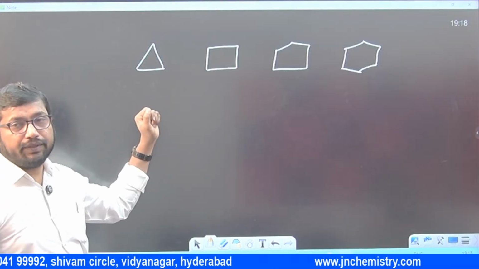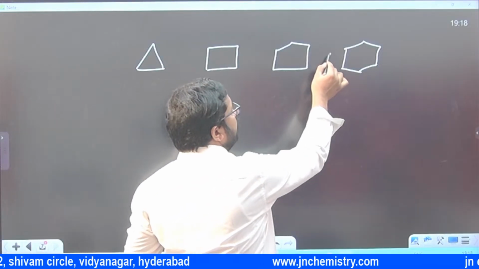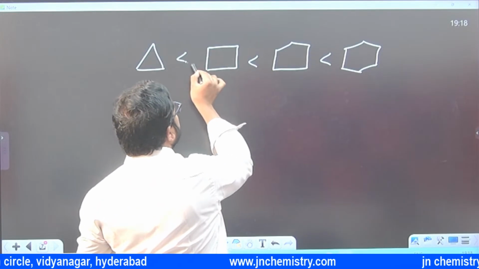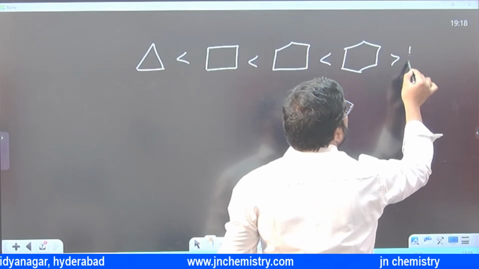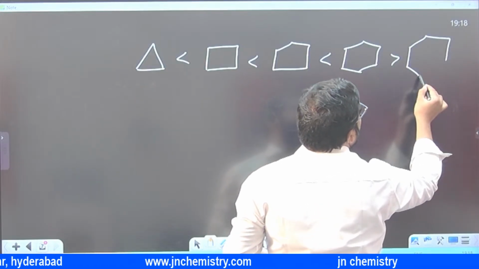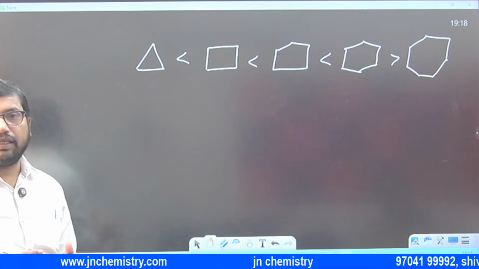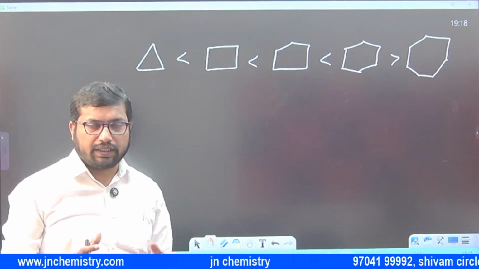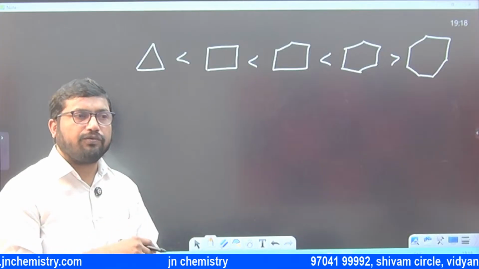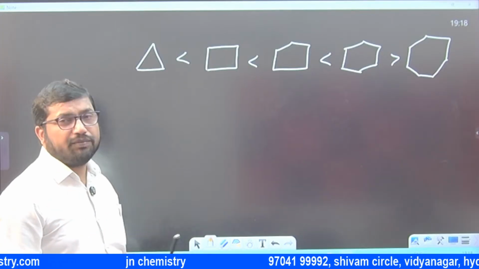Which is more stable? By default, cyclohexane is. If cycloheptane is there, but cyclohexane is the most stable. Cyclohexane exists in different forms: chair form, boat form, twist boat, like that. So chair form is of course more stable.